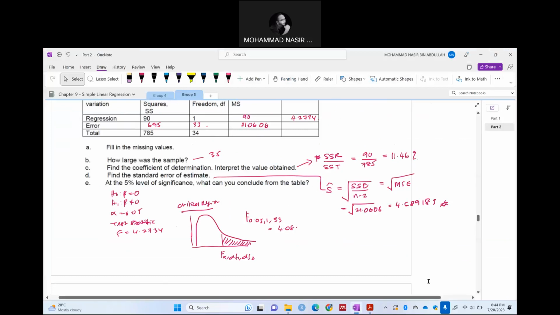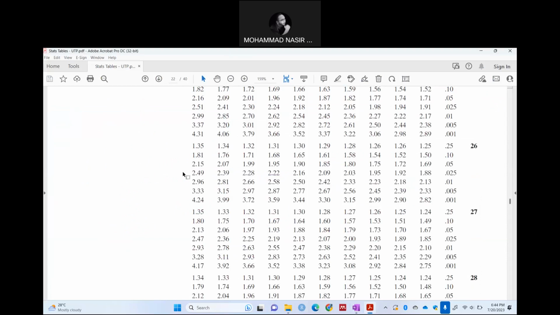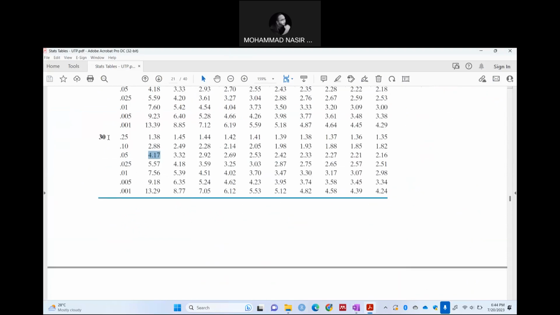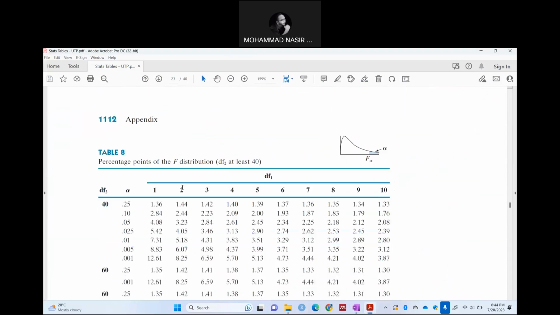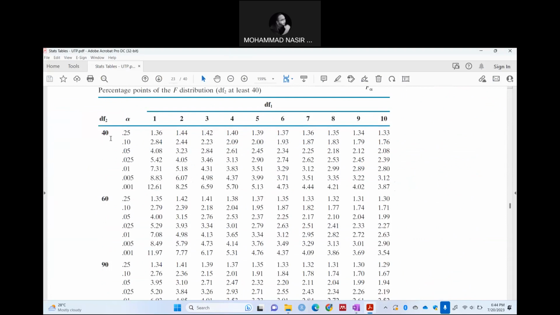Because if you look at the table logically, this is 30, so we have 4.17, right? So if you look at degree of freedom number 2, 40, 4.08. Right, so dia lagi kecil kan?